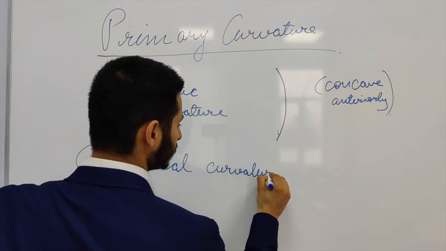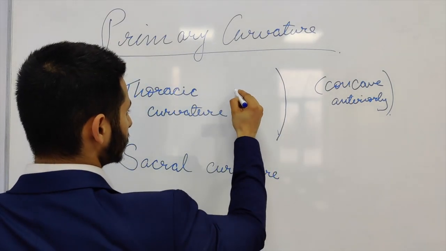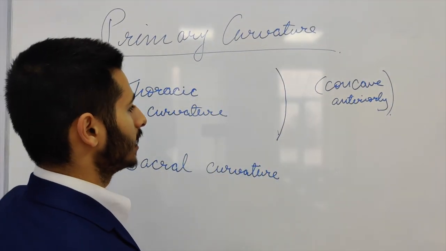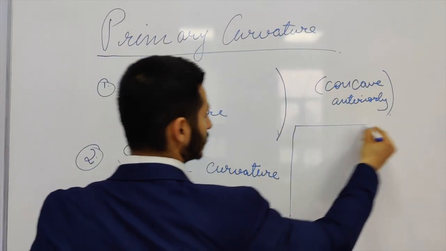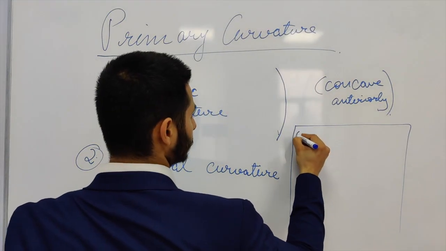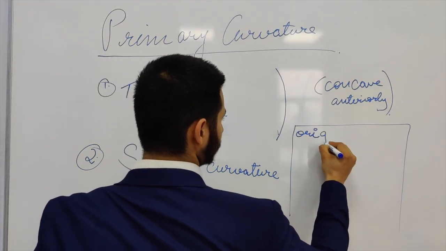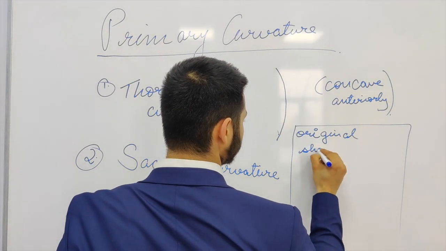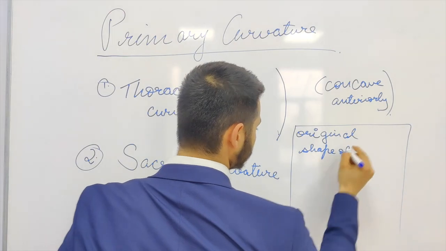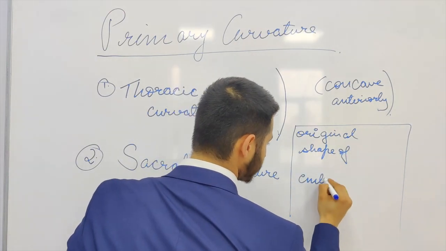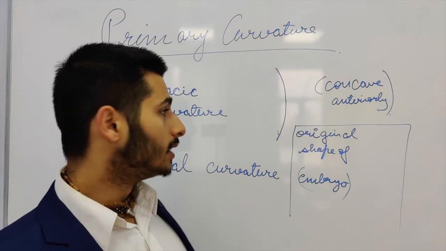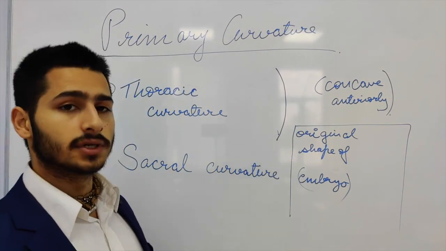So these are the two regions in the body that have this curvature, and this is the original shape of the embryo. When we are inside the womb, we have this curvature of the embryo.